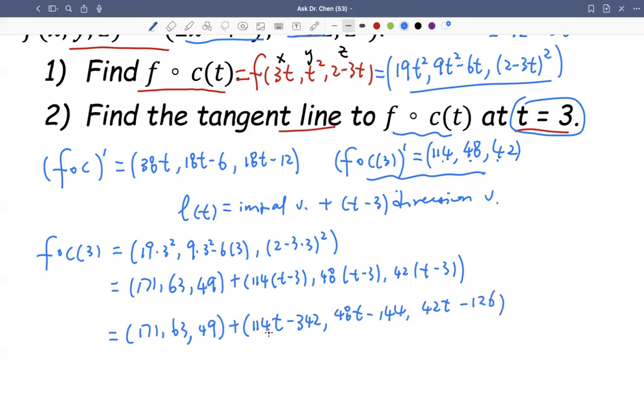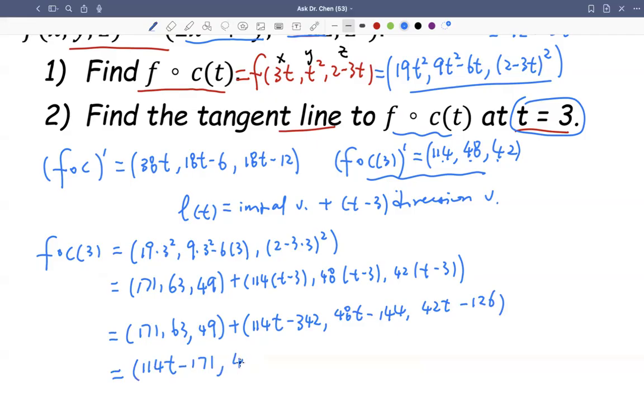Okay. Now we can add those two factors. We add component-wise, right? 114t, and we have 342 minus 171, which gives us 171, so 114t minus 171. Right, so 171 times 2 is 342. Okay, that's the first component.